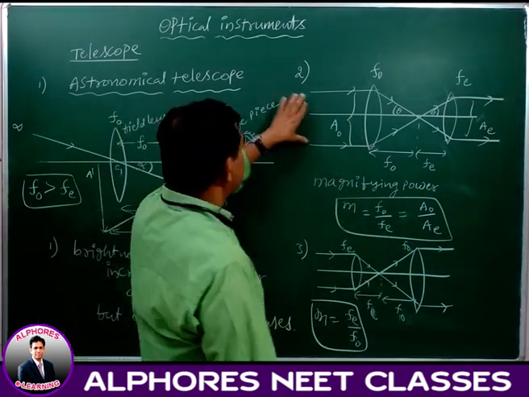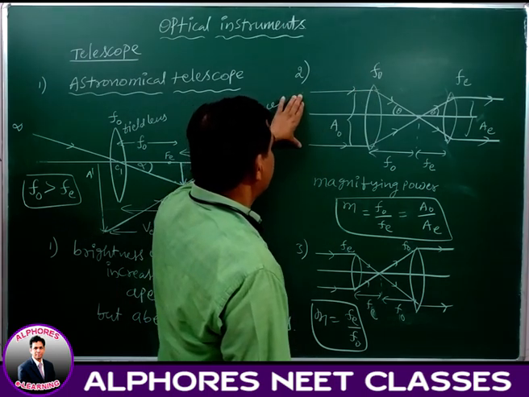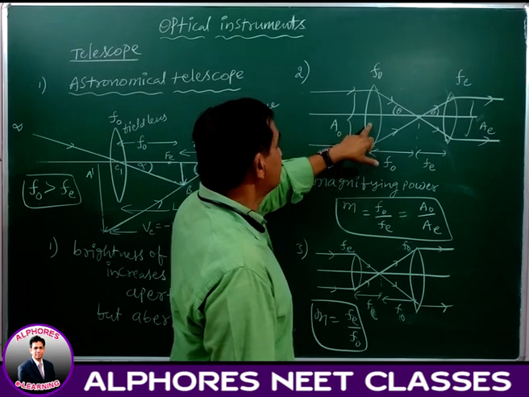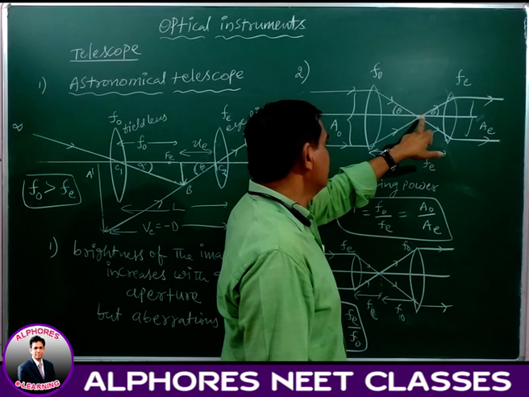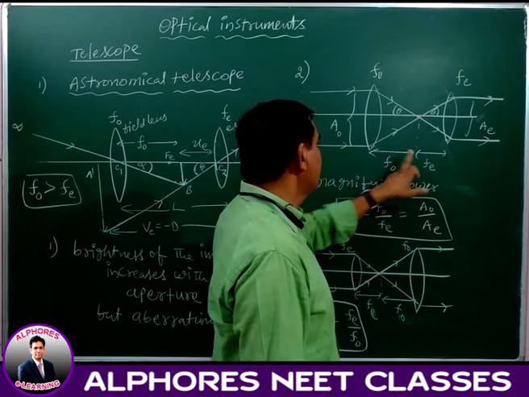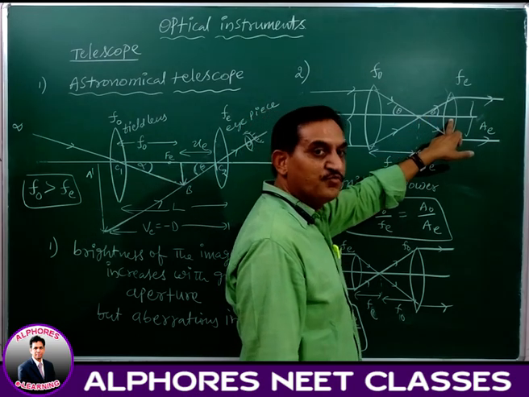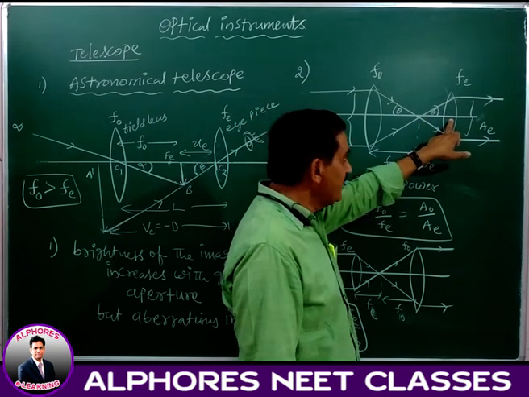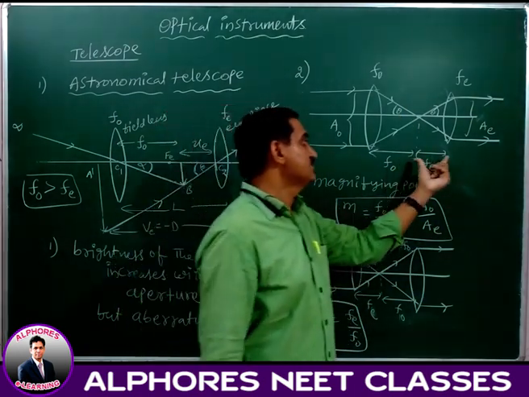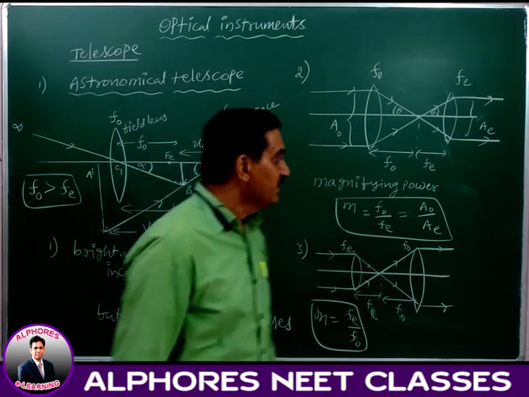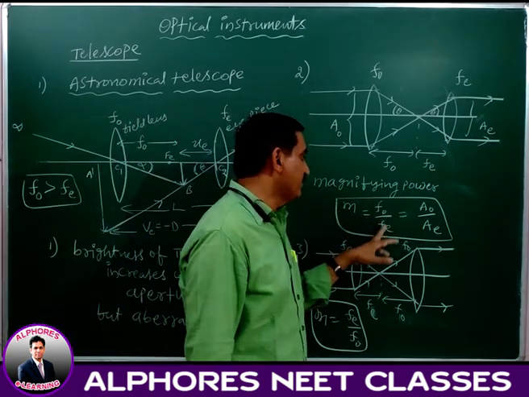The light rays are parallel to the principal axis, incident on the field lens, and after refraction give an image at the focus point f0. It again serves as an object for the eyepiece, and its final image goes to infinity. Therefore, it is also at focus point fe. Now, in this case, the magnifying power is m equal to f0 by fe.